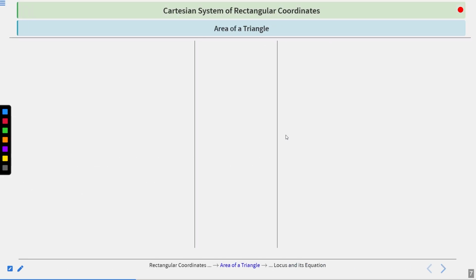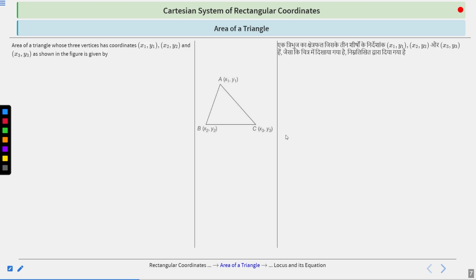Now let us see the area of a triangle. Area of a triangle whose three vertices have coordinates (x1, y1), (x2, y2) and (x3, y3), as shown in the given figure, the area of triangle ABC is half into [x1 y2 plus x2 y3 plus x3 y1 minus (y1 x2 plus y2 x3 plus y3 x1)], right?